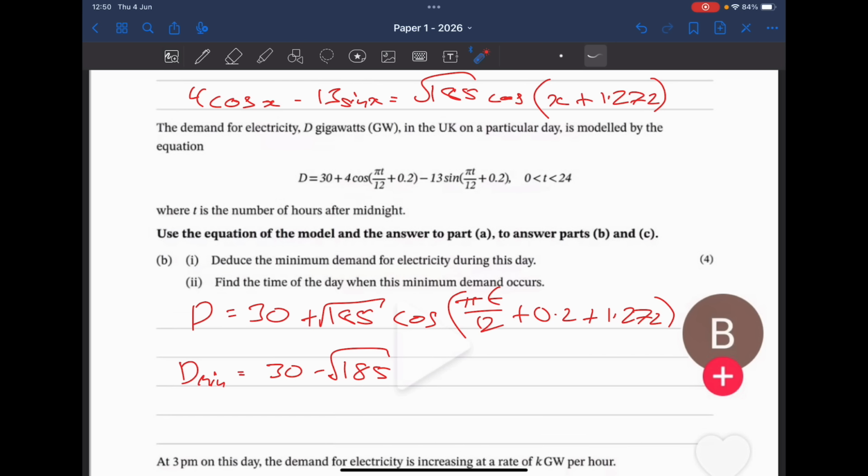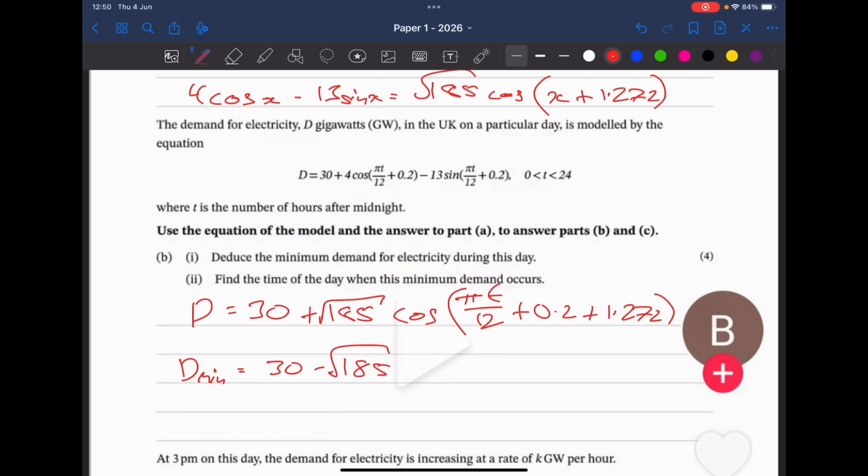When does this happen? Well, what shape is cos? Starts up, goes down, goes back up again. When is it at its minimum? At 180 degrees. But there's pi's in there, so it's probably pi. So let's think about that. We want the inside of that bracket, pi t on 12 plus, and I'll make that 1.472, to equal pi.